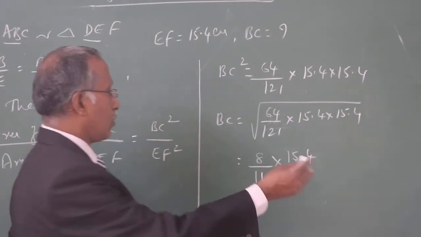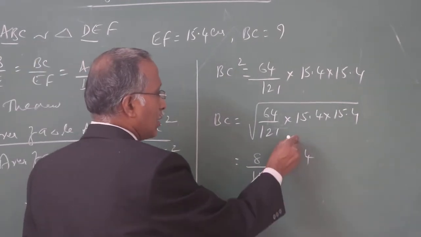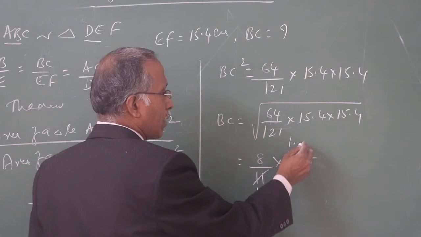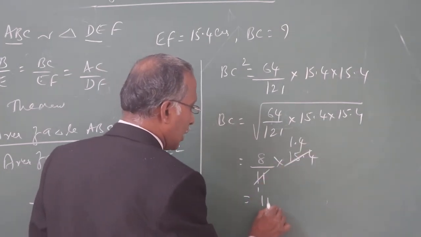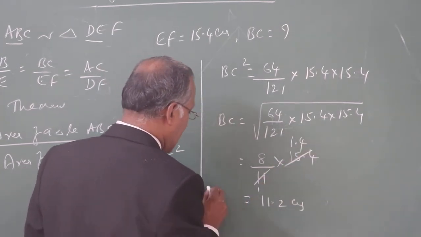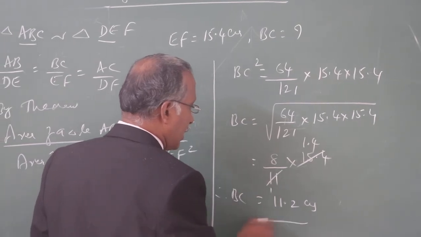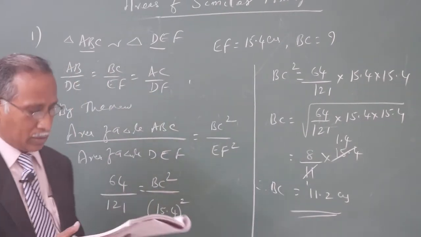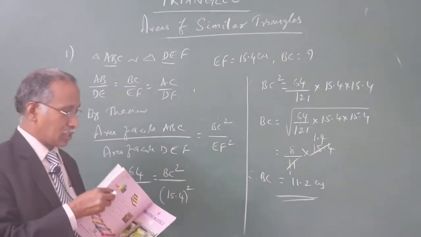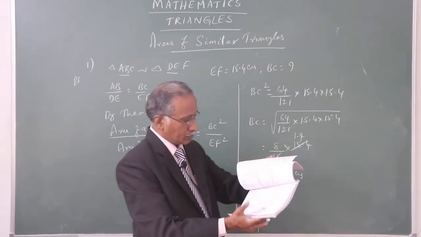Therefore, 8 into 15.4 by 11: 11 ones are 11, 11 fours are 44, and 8 times 15.4 is 123.2, so BC is 11.2 centimeters. This is the way you find the length of the corresponding side of the triangles. Next, one more sum we can take up now.